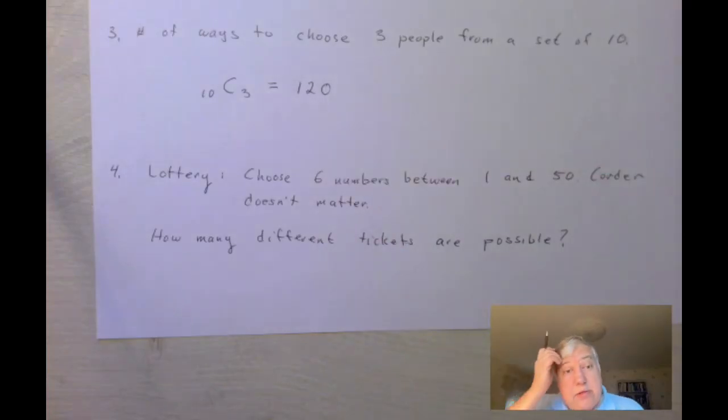And then let's do a lottery question. Suppose here's a theoretical lottery where you choose 6 numbers between 1 and 50, and the order doesn't matter. Let's say the computer just automatically puts them in increasing order. How many different tickets are possible?